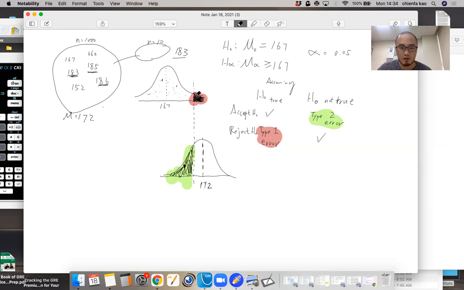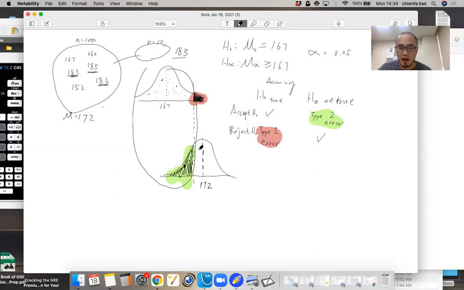Alpha value is 5%. So this 5% actually makes us have a type 2 error, because anything to the left of this point, remember, I'll redraw this in a second so that you will see it. Anything to the left of this point, we will keep the null hypothesis.